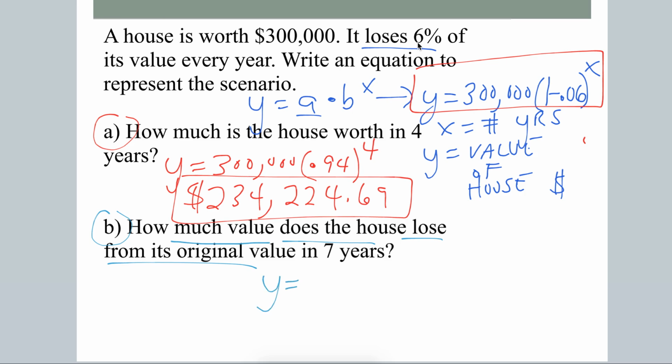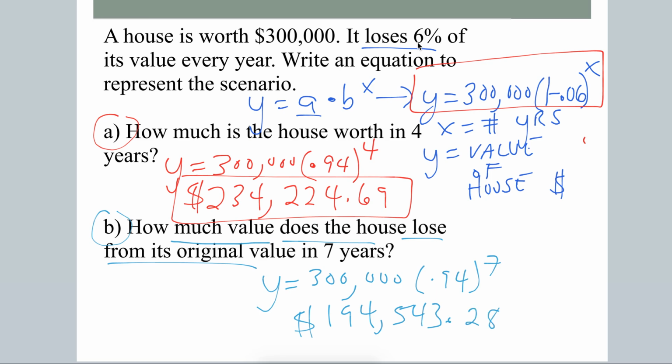So if we plug in 7, let's see what we get. I got $194,543.28.